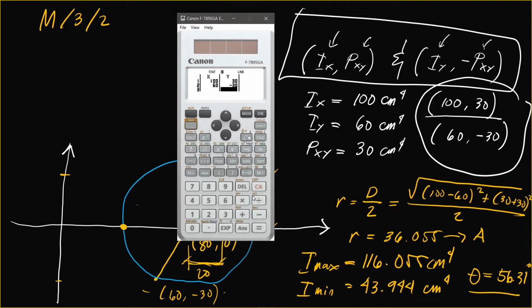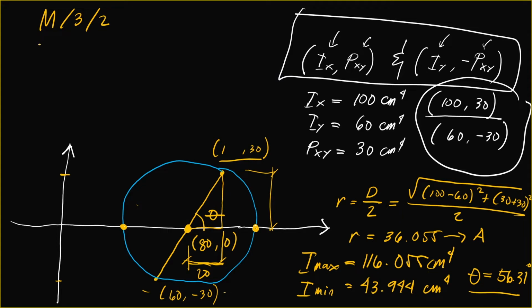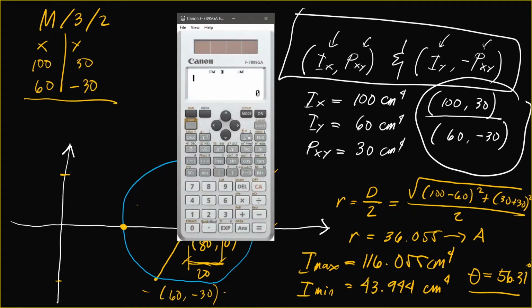Okay? Now, press AC. Okay, butang ko lang dito. This is x, y. Didi, butang natin is 100, y is 30, 60, negative 30. Then press AC. Okay? Katiman mo pag-press ang AC.